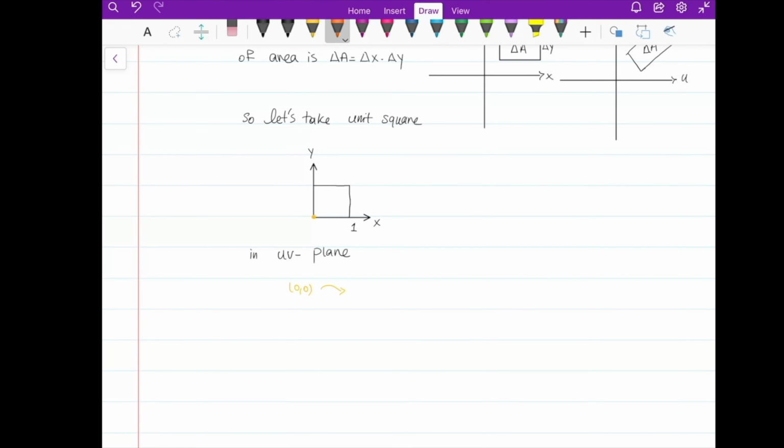So when I plug in 0, 0 in here, u and v would be 0, 0. So this is u and v. The origin goes to the origin.